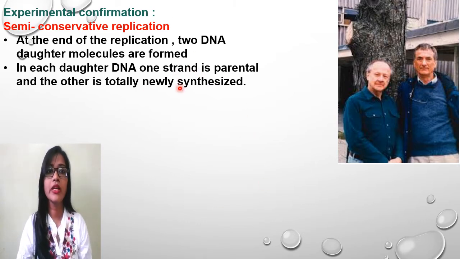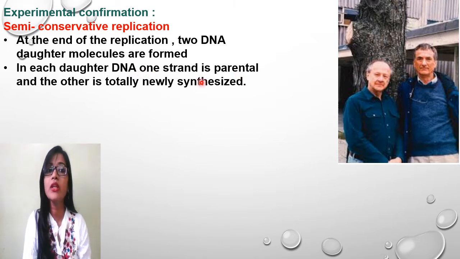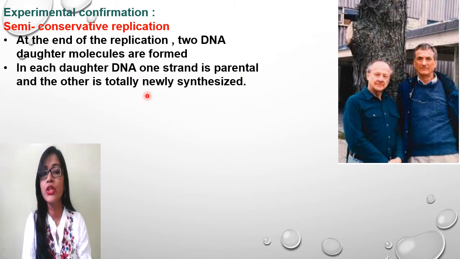In semi-conservative replication, at the end of replication, two daughter DNA molecules get formed, and these two newly formed DNAs are exact replicas of the old DNA. In each daughter DNA, one strand is parental, the old one, while the other is totally newly synthesized.